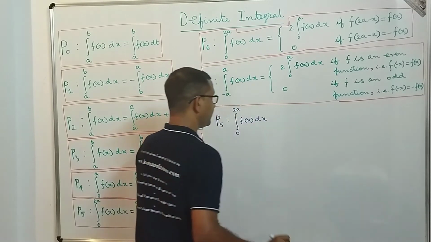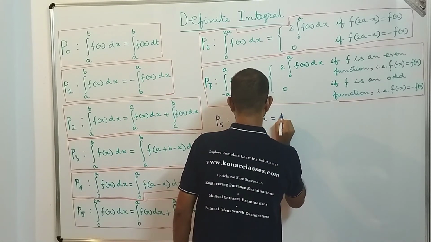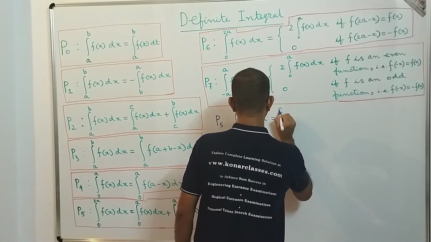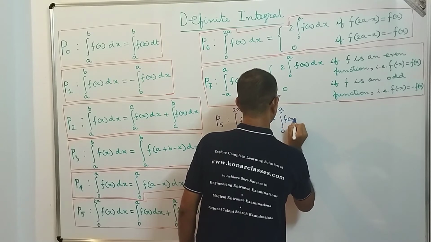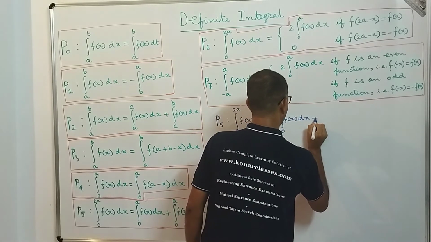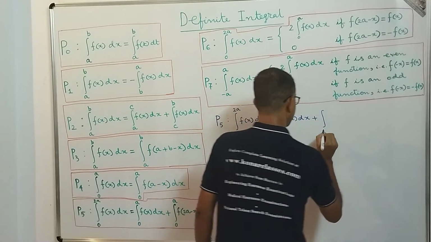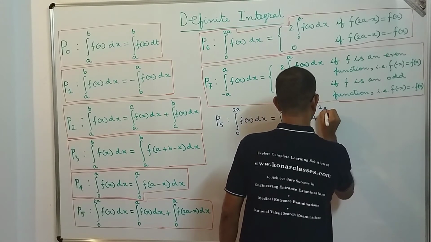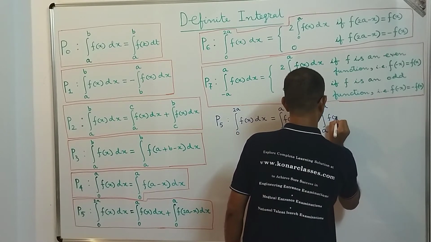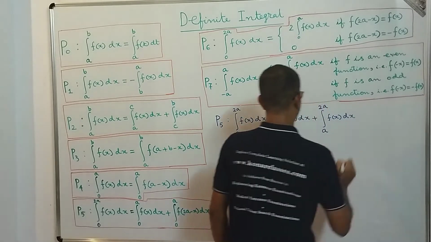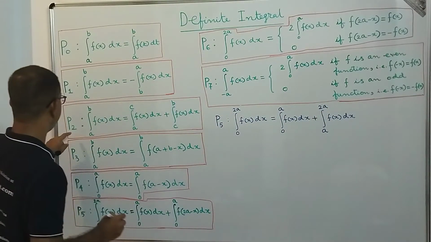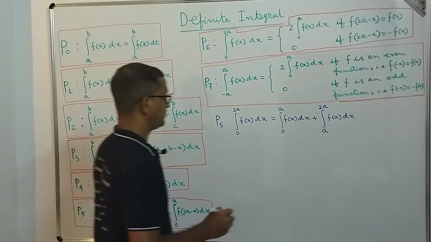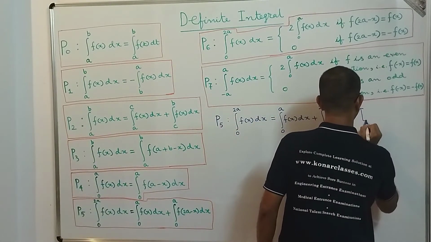Now we can write this as the integral 0 to a of f(x) dx plus the integral a to 2a of f(x) dx, and that we are getting from property P2, correct?